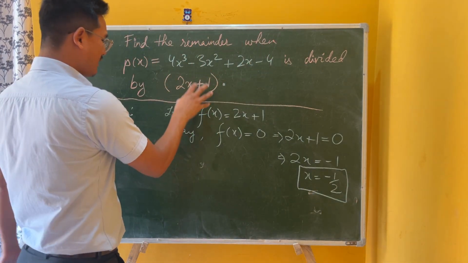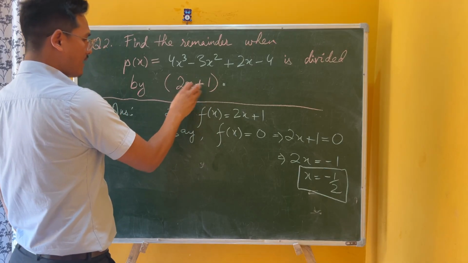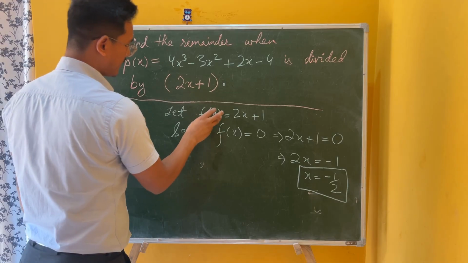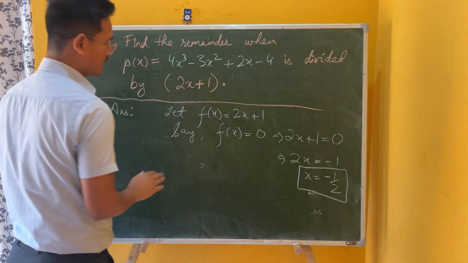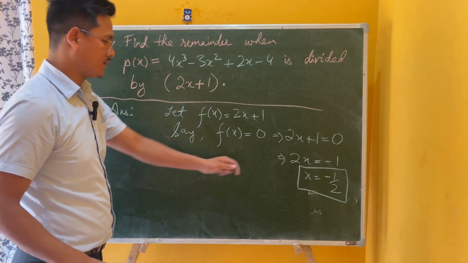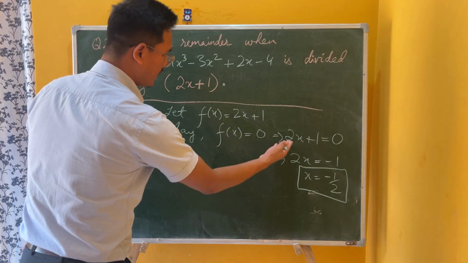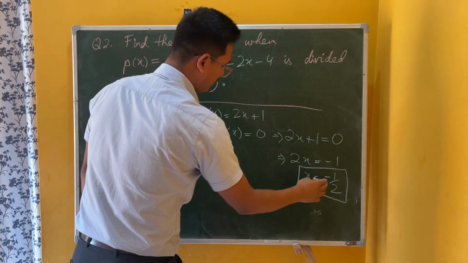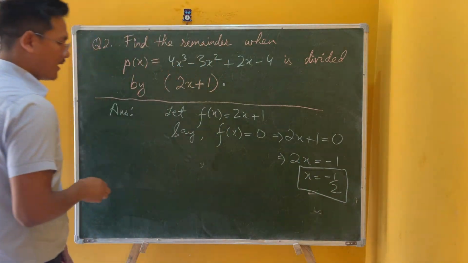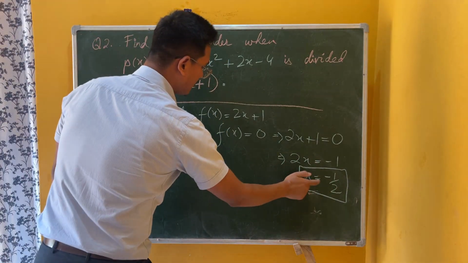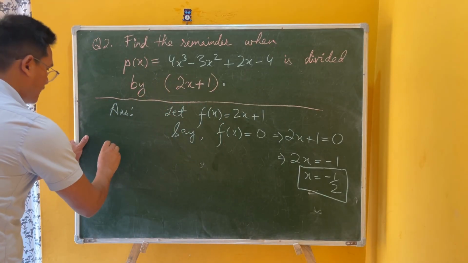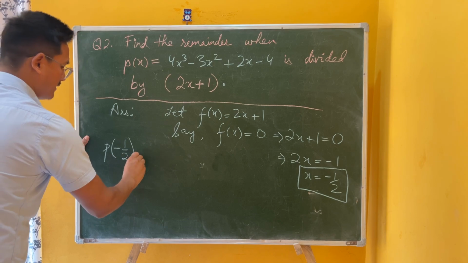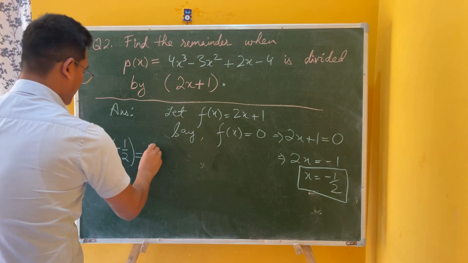So you need not name the divisor by any term, like let's say f of x, g of x, q of x, or even if you do so, it's not a problem. Ultimately you'll end up here only. If you directly equate this to 0 and solve and find x, it's okay. Now you substitute the value of x in this polynomial. So p of minus half, we'll see how much it is.